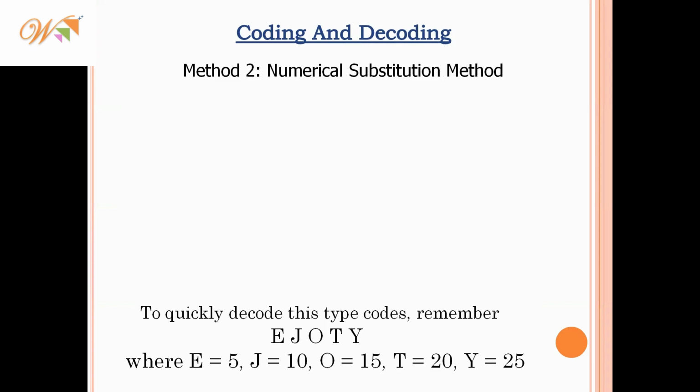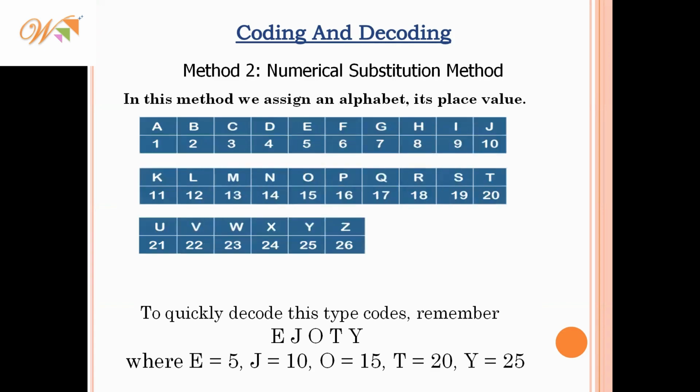In this method, we assign an alphabet its place value. So these are the alphabets A to Z, and their place values are: A is 1, B is 2, C is 3, D is 4 and so on. X is 24, Y is 25, Z is 26.